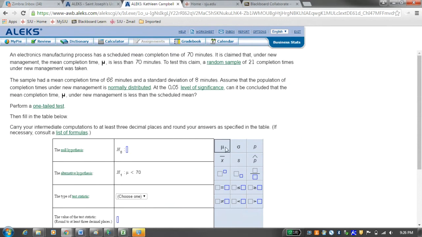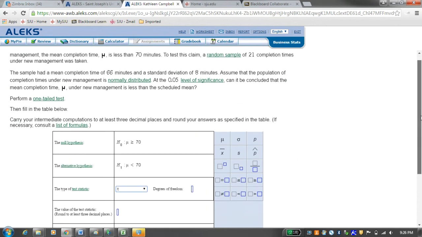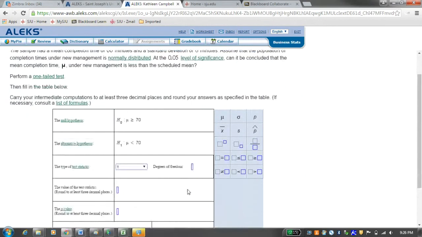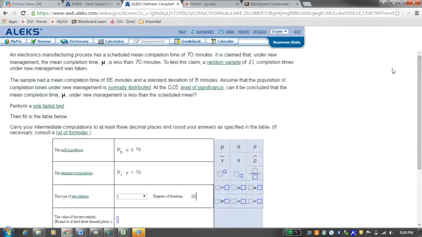Less than 70 is my alternative. I just want to see if I can get one of these real quick. So my null is mu is greater than or equal to 70. It's a t statistic because I'm in the t section. So less than 70, as soon as I see those keywords, that makes it a less than test. 20 degrees of freedom, standard deviation of 8. All right.